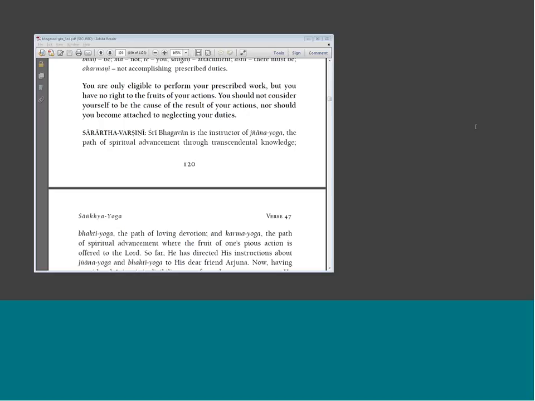So dharma is a Sanskrit word. People have sometimes tried to translate dharma as religion, and that's actually a pretty poor translation. Dharma means that which you cannot separate from the intrinsic nature of something. So the dharma of water is to be wet. The dharma of fire is to be hot.